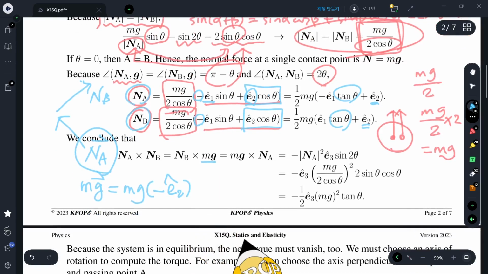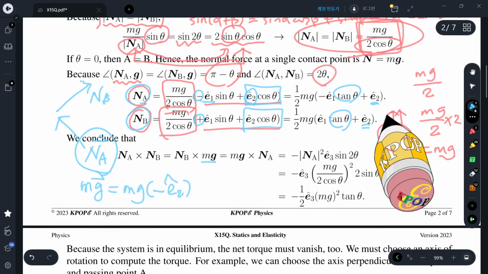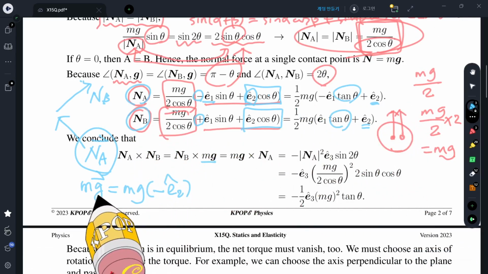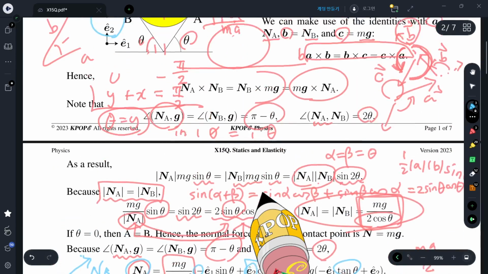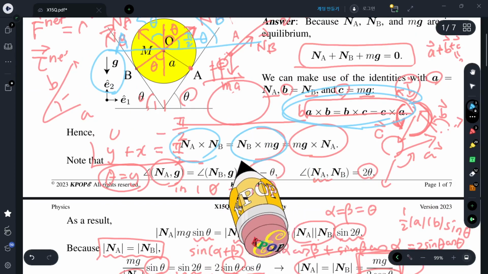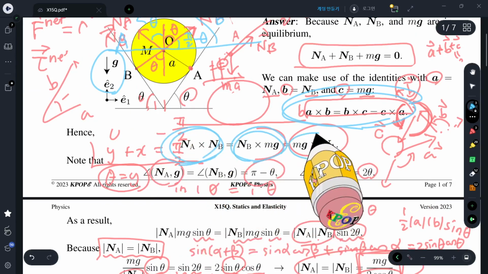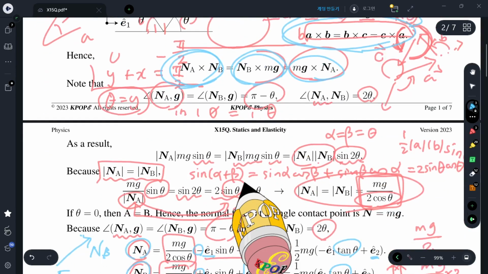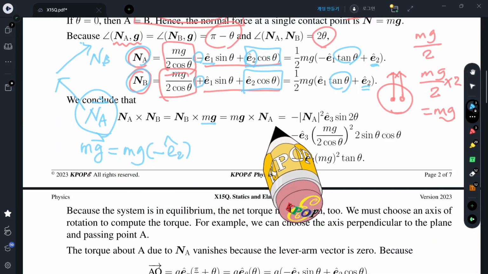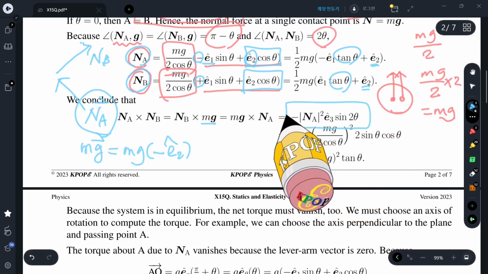So using this one, we can check whether our previous calculation for NA, NB, and mg satisfies the original constraint that the cross products of two sides are all the same. And you can carry out the explicit calculation for this. The final result is like that.